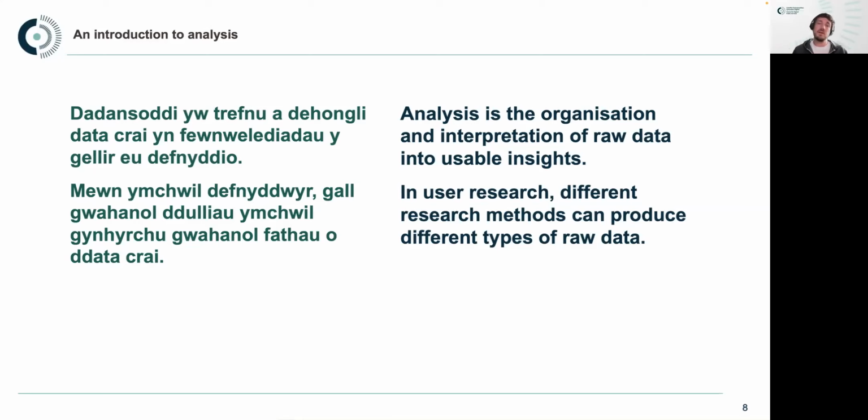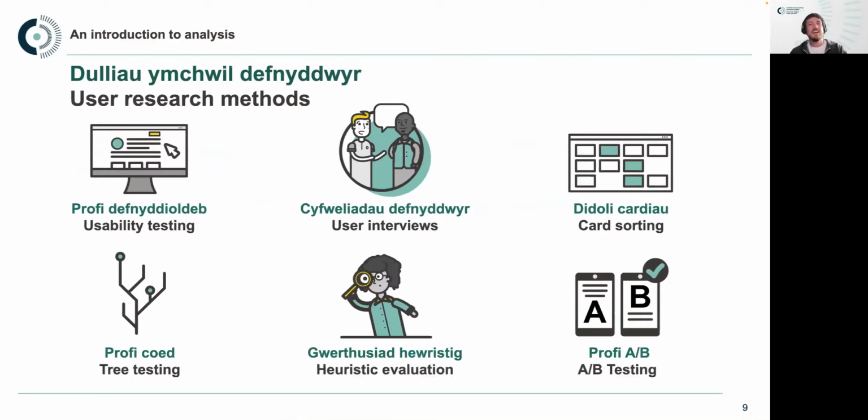Next slide. Yeah, a little graphic here. It shows you a handful of the different methodologies there are within user research, and they produce very different data types. Something like usability testing, which is about reviewing the usability of different services and products, you might get mostly quantitative or numeric data out of that, which is fairly easy to measure or to organize.